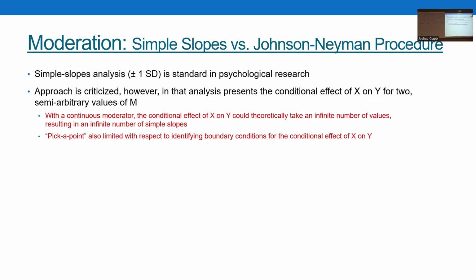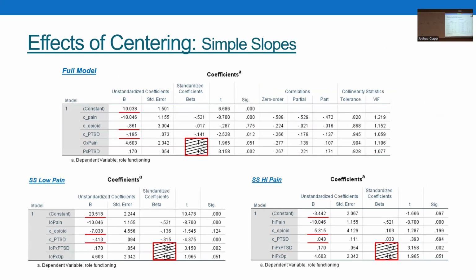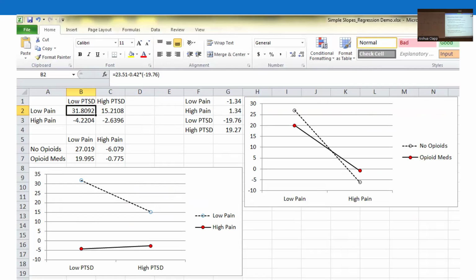Okay. What I also am not able to do is look at some cool things. Maybe I'm interested in saying, at what level of pain does PTSD stop being associated with my outcome, right?